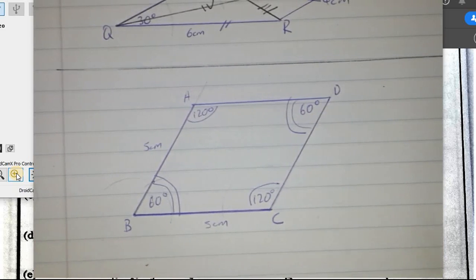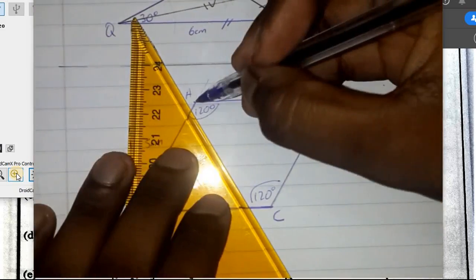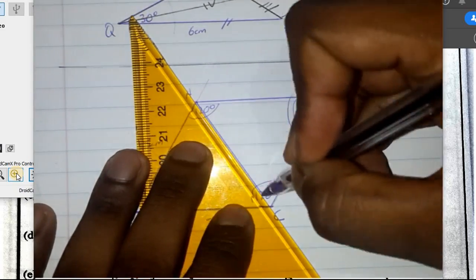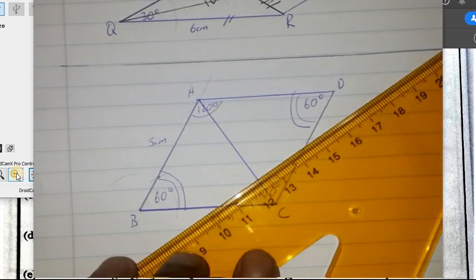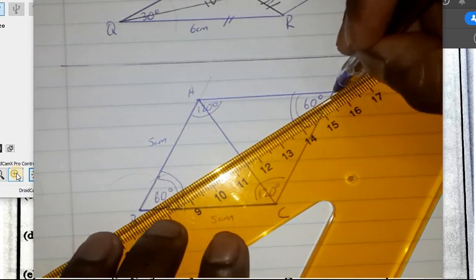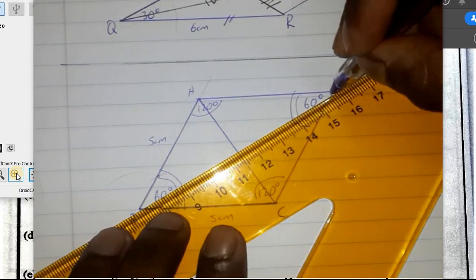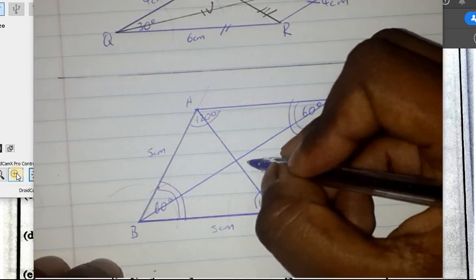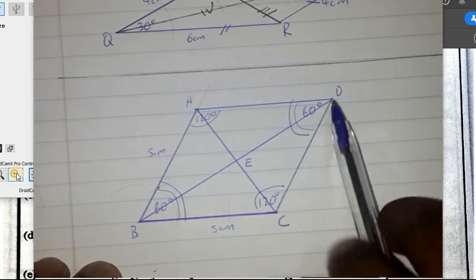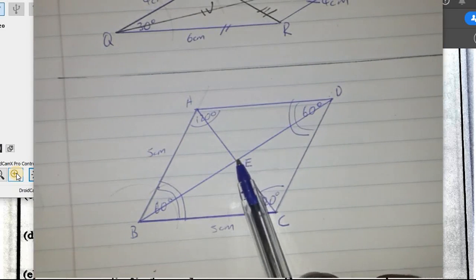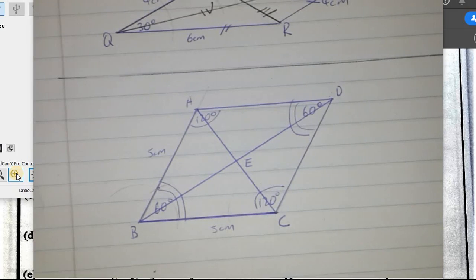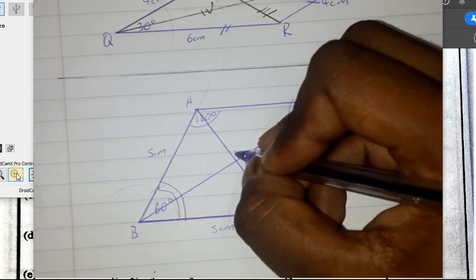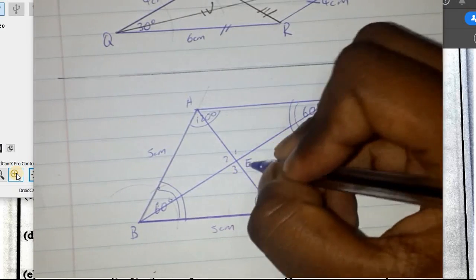So then the next part of the question says, construct some diagonals. So we construct some diagonals. There we go. Then they say, call this intersection E, where everything crosses, where they come together. They tell you to name it E1, 2, 3, and E4.